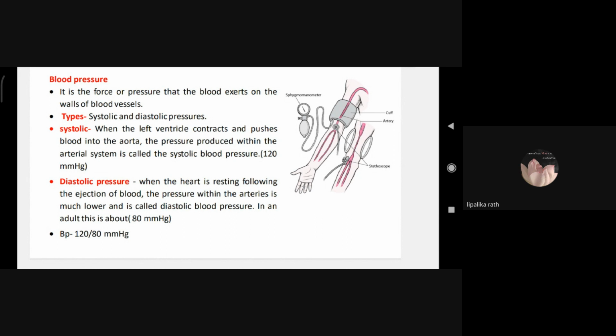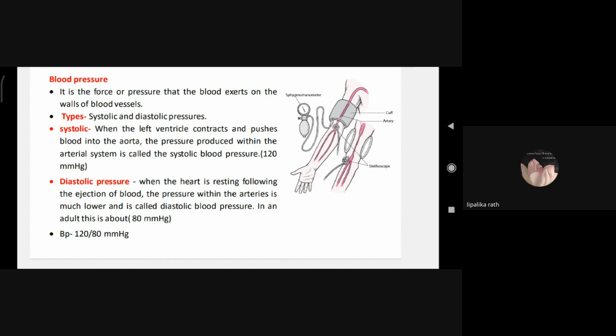In an adult it is about 80 mmHg. mmHg stands for millimeters of mercury. Hg denotes mercury and mm denotes millimeter. So normal blood pressure for adults is 120 systolic and 80 diastolic.